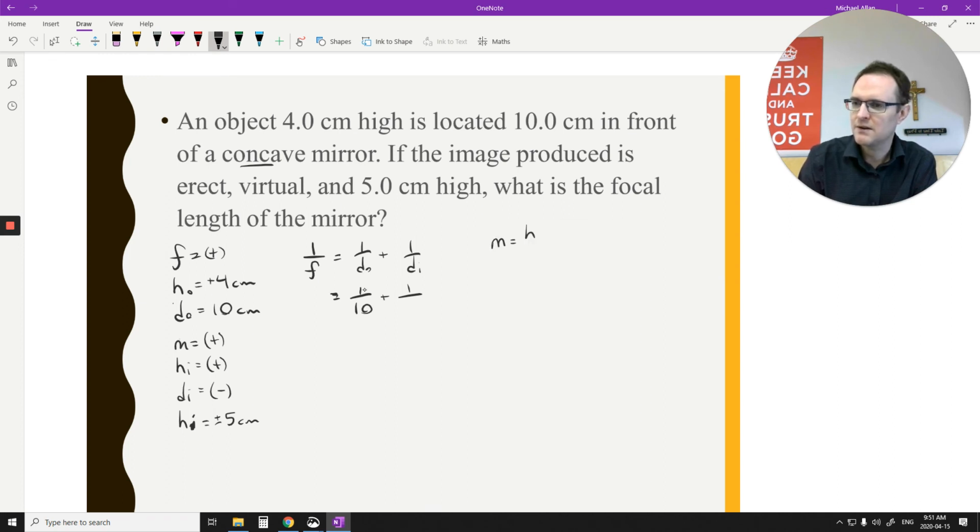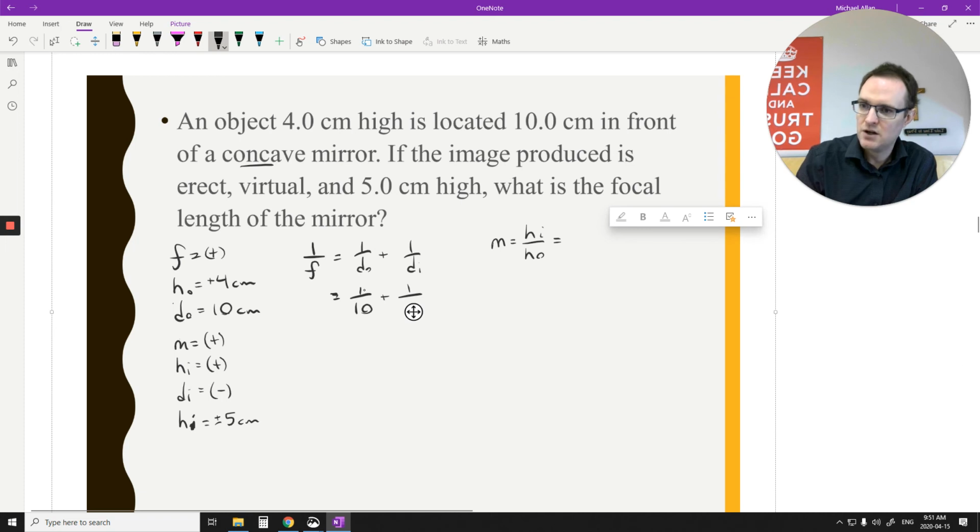What's the magnification? So HI over HO. There's no negative on this side of the formula with the HI and the HO. HO, they tell us, is positive 4 centimeters. HI, they tell us it's 5 centimeters.